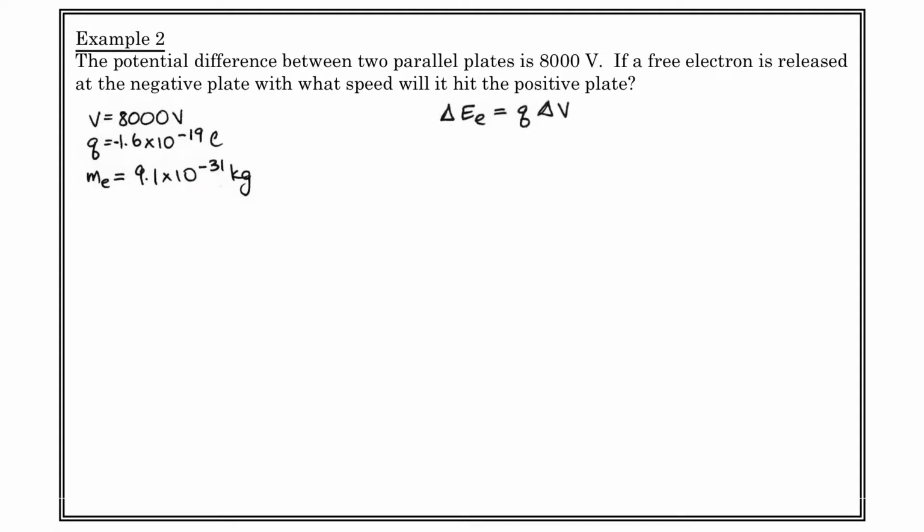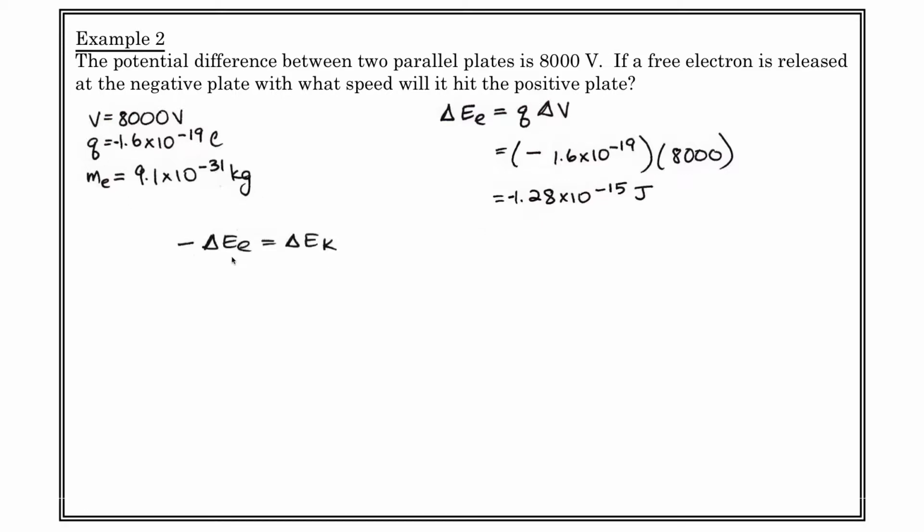Well, we know that the difference in potential energy is equal to Q times the potential difference. We know the potential difference between the plates and the charge on the free electron, so we can figure out the electric potential energy from one side to the other. Here it is, negative 1.28 times 10 to the negative 15 joules. It means that this much energy can be given up to the speed of the electron.